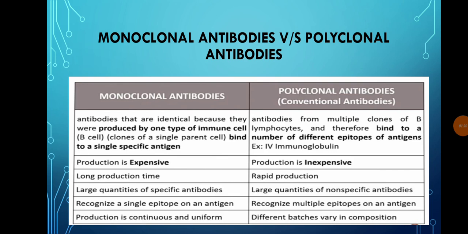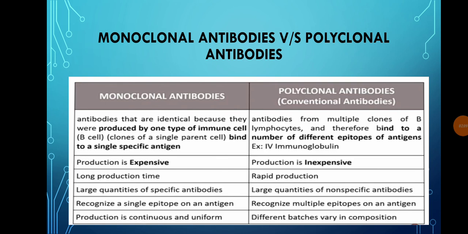Production is expensive in the case of monoclonal antibodies, while production of polyclonal antibodies is inexpensive. A long production time is required for monoclonal antibodies, and on the other hand, rapid production in the case of polyclonal antibodies.